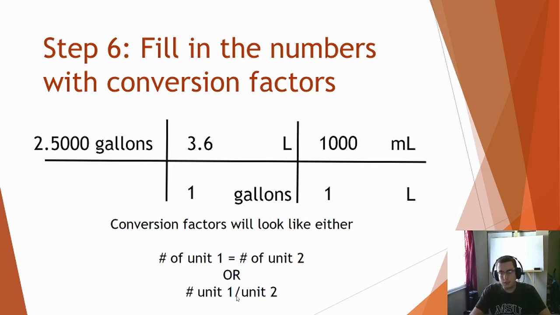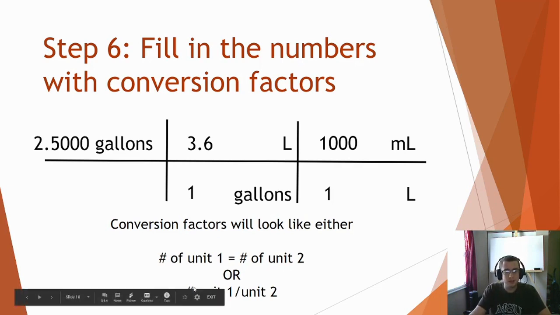So the 1 isn't there because just like everything else in math, if you just have an x sitting in an equation, how many x's do you have? You know there's 1 there. There's no reason to write the 1 in front because it's already kind of assumed. So it's the same way when you see things written like that. Number of unit 1 per unit 2. That's just saying there are that many of unit 1 for every 1 of unit 2.